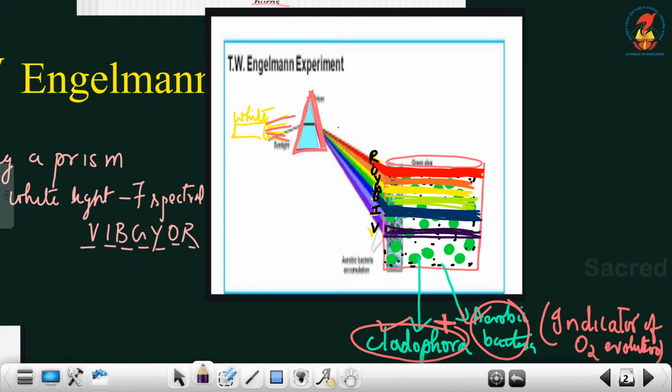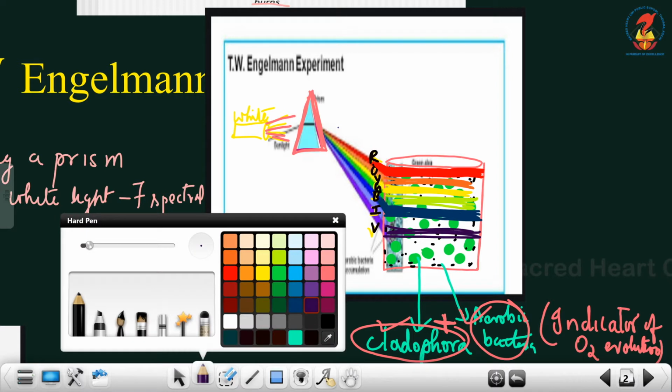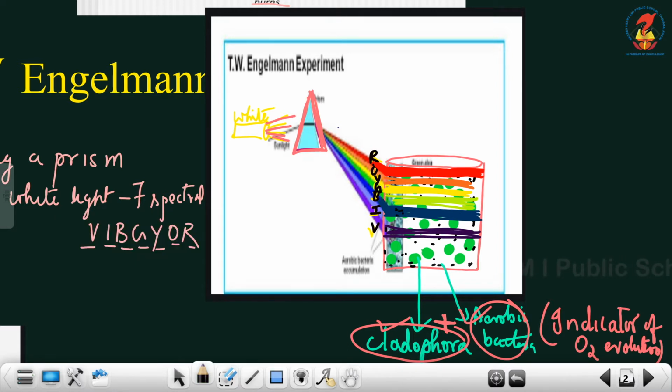Okay. So now what he noticed here is the aerobic bacteria was highly concentrated. They got accumulated in the blue regions and in the red regions. So if there were say thousands of these bacteria, they got accumulated here and here. From the other regions, they left the other regions.